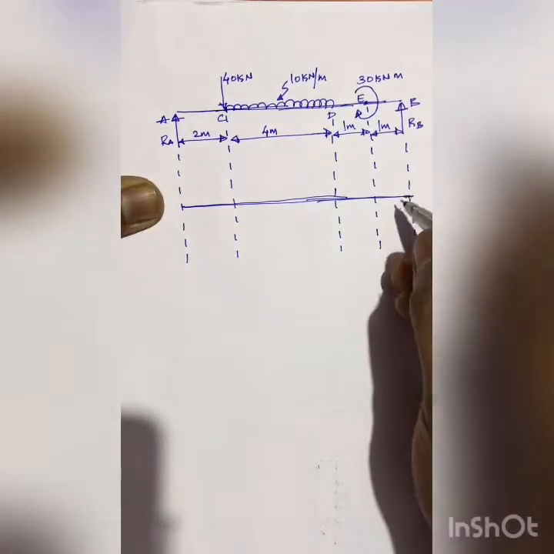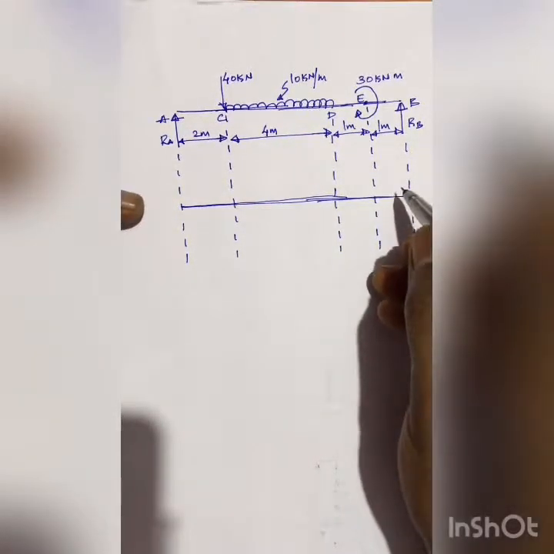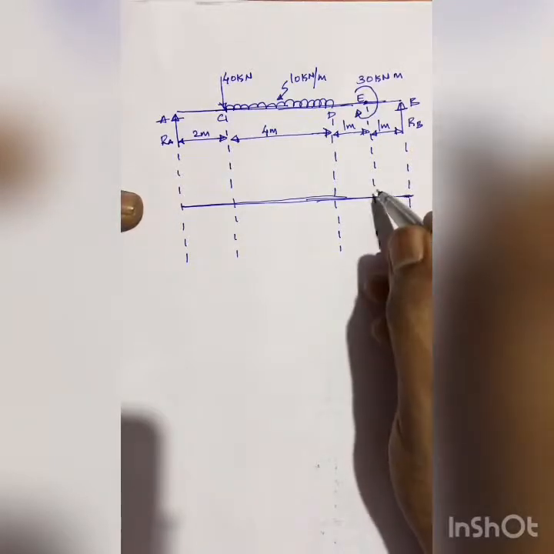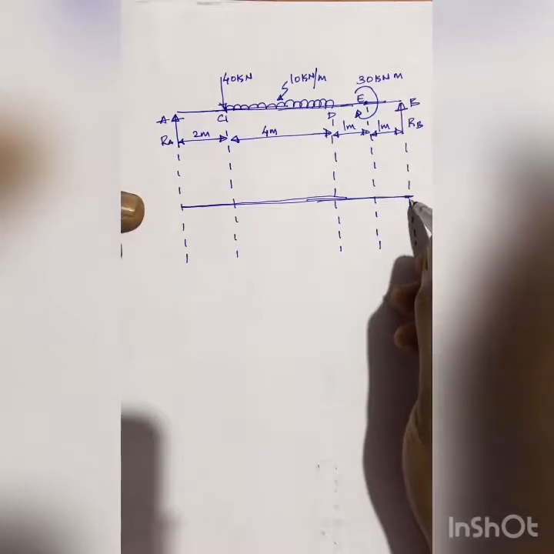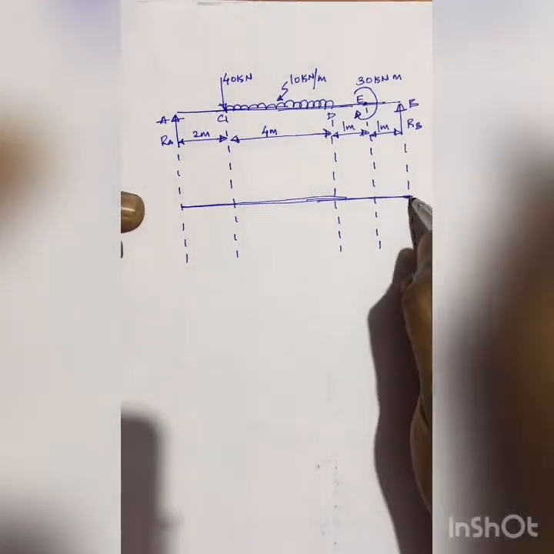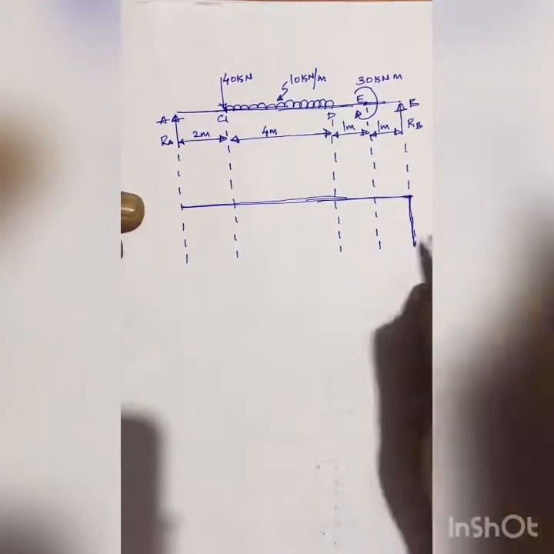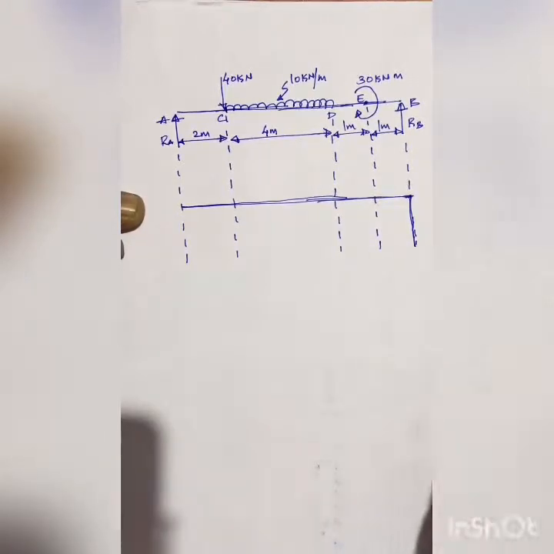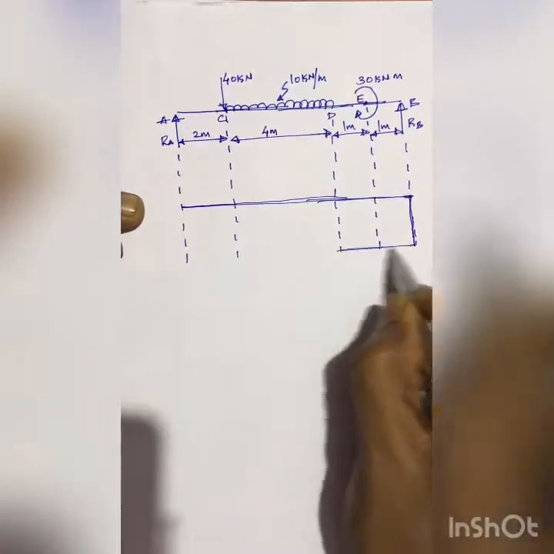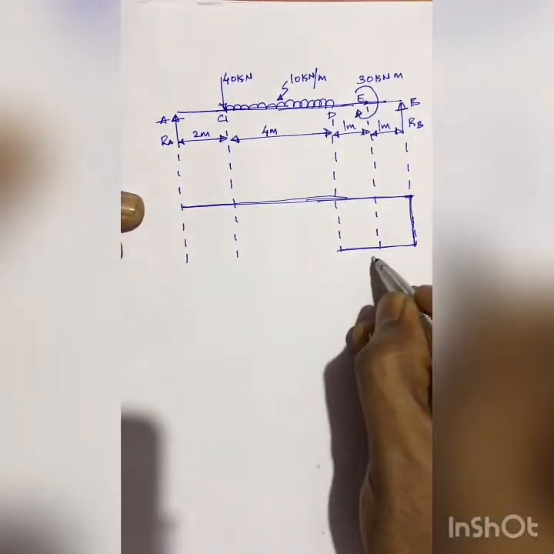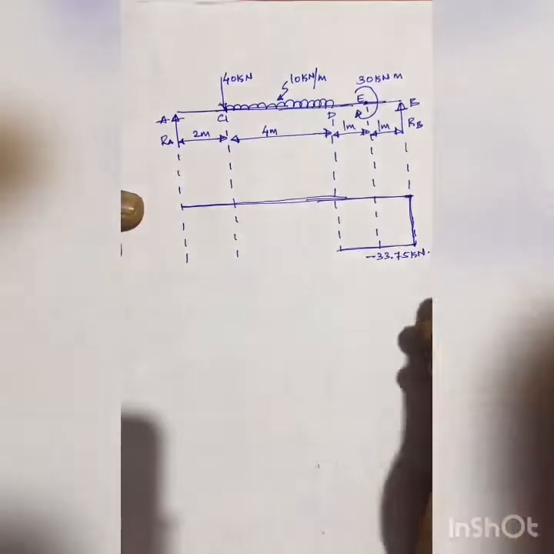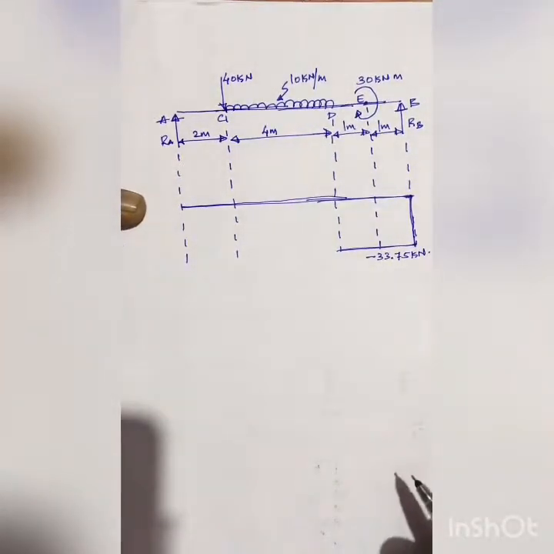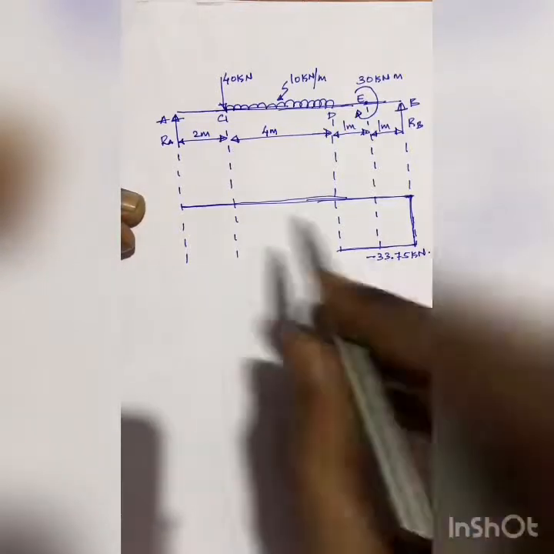You all know that the positive values are plotted above the datum line and negative values are plotted below the datum line. So at B it is minus 33.75, and it remains minus 33.75 till point D. It remains constant.